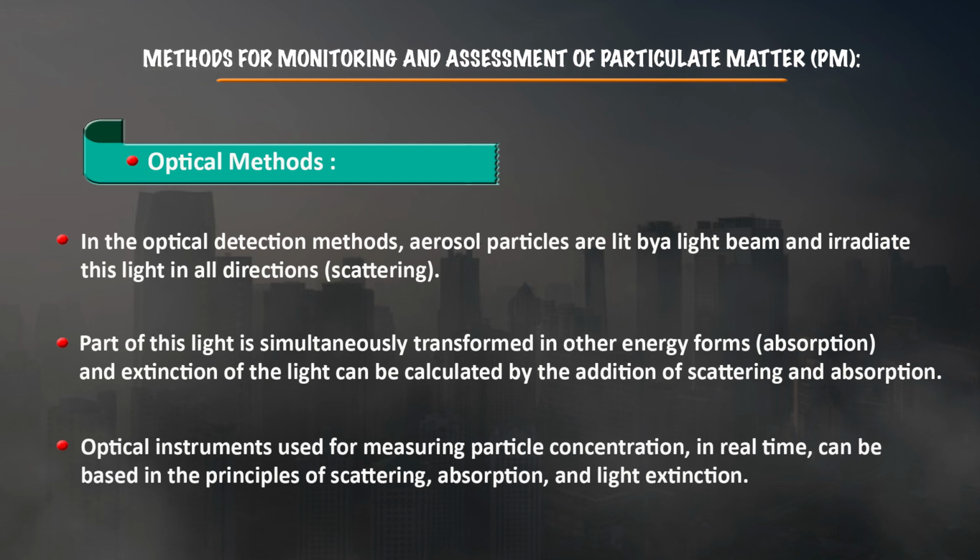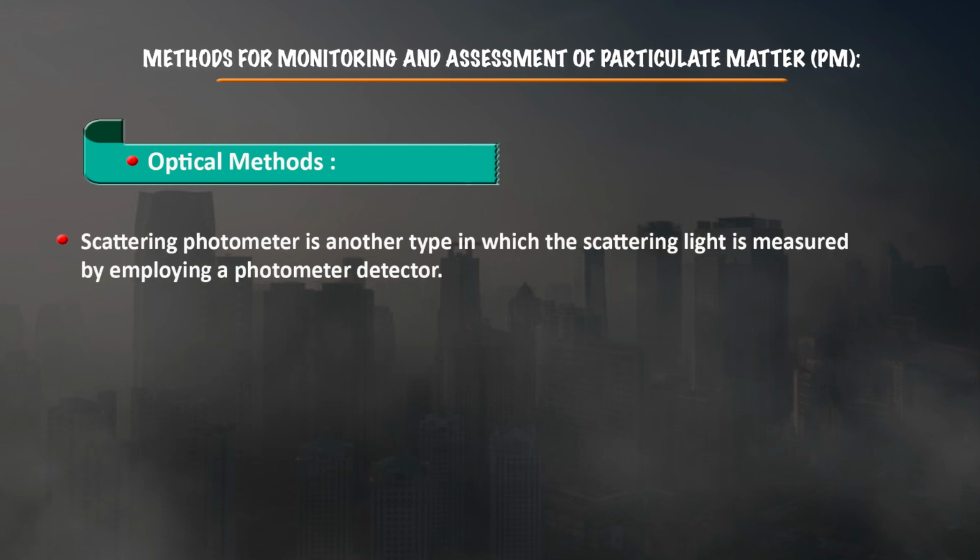The optical instruments used for measuring particle concentration in real time are based on the principles of scattering, absorption and light emitting. The scattering photometer is another type, as you will see in the diagram. In this, the scattered light is measured by employing a photometer detector.